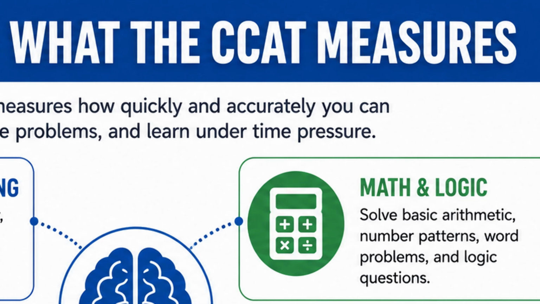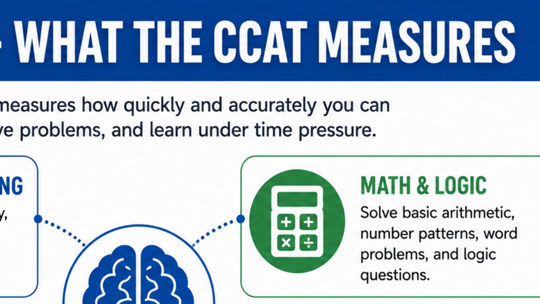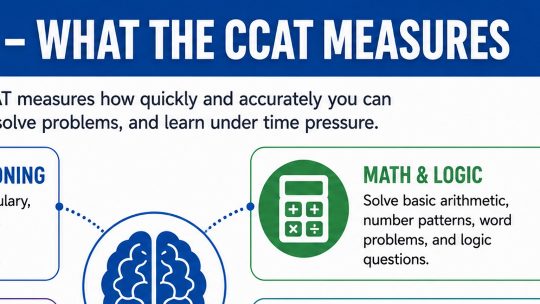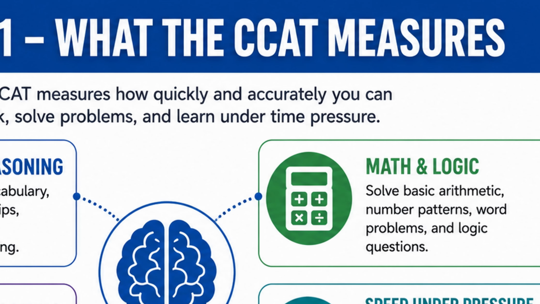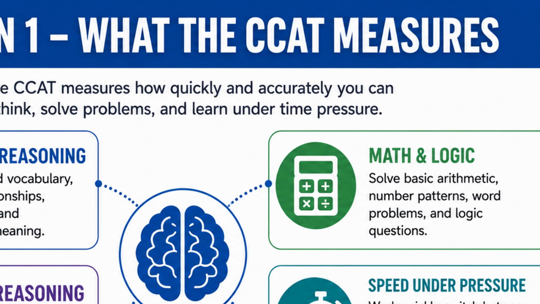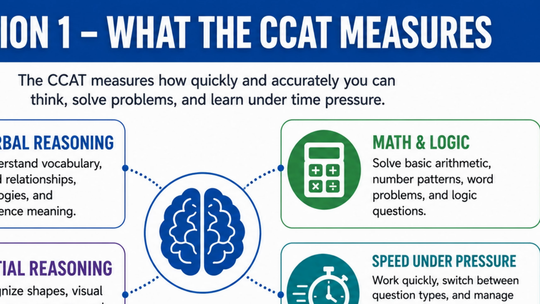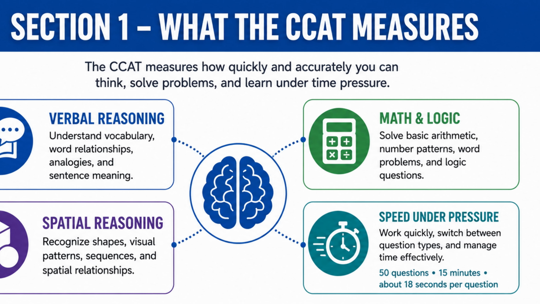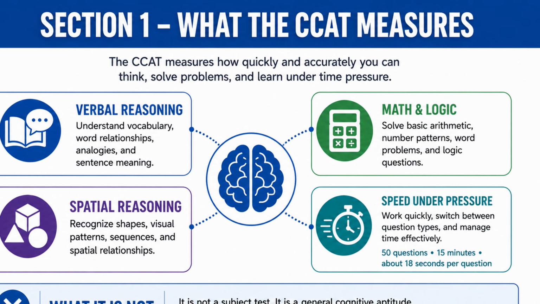Now let's talk about what CCAT measures. The CCAT test measures cognitive aptitude, which means how quickly and accurately you can think, learn, solve problems, and make decisions under time pressure. It includes questions on verbal reasoning, math and logic, spatial reasoning, attention to details, and speed. It is not a subject test like chemistry, history, or accounting.